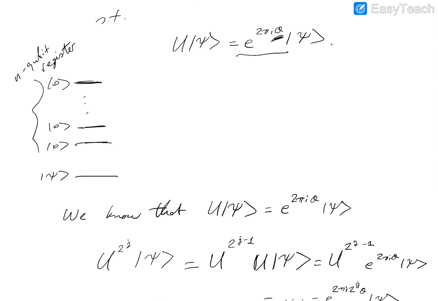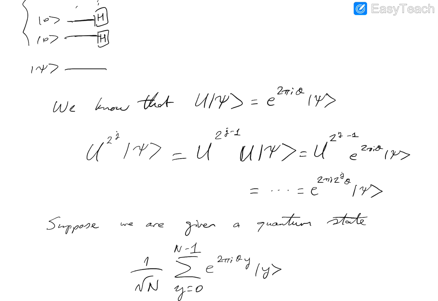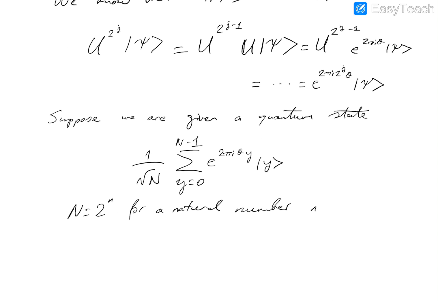Now what we do next is to apply an n-qubit Hadamard transform on the first register. So we have a Hadamard transform here, here, and here. Okay. And then in the output, we have a general superposition state with equal amplitudes.